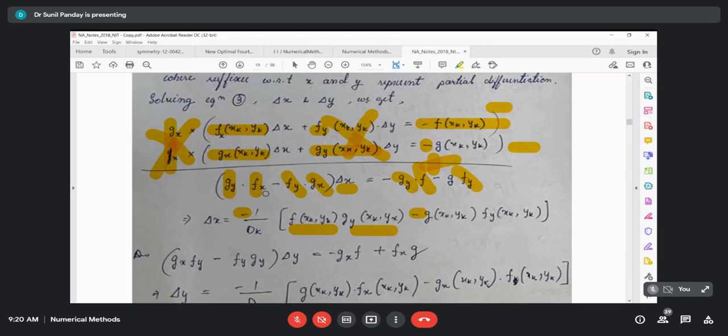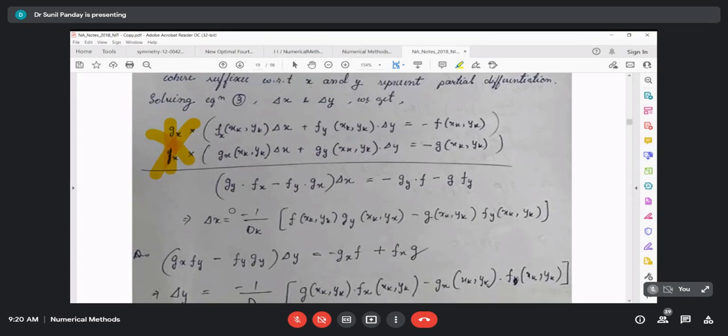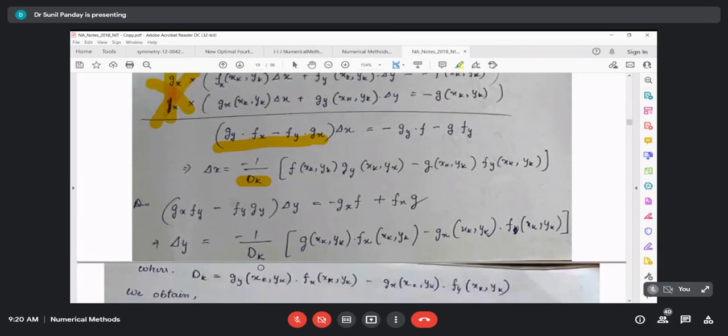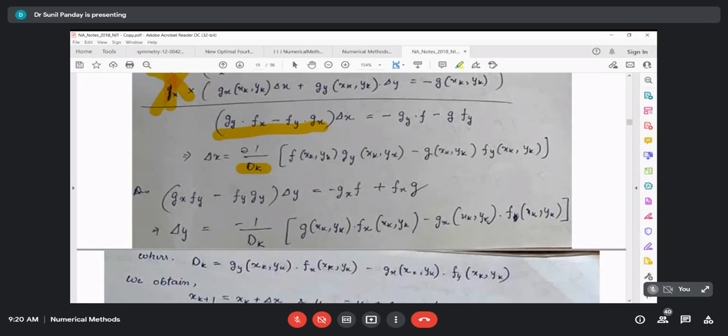On the left side we have this one, which we can write in terms of dk. So dk is this one. This dk is actually the determinant, or Jacobian.